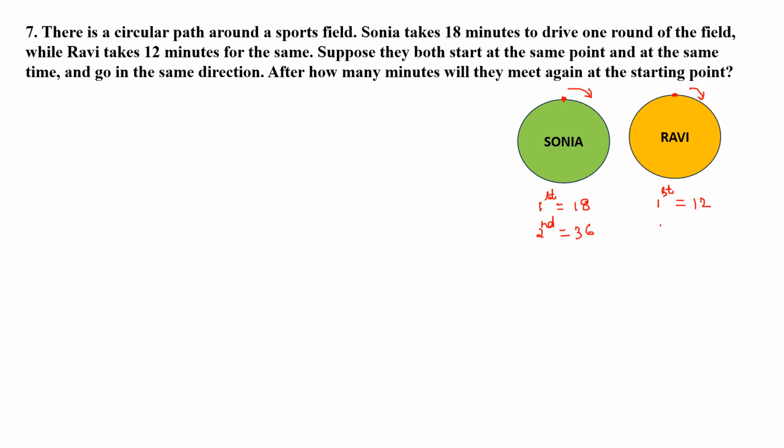And here also, it will be double of 12, which is 24. Now like this, if you proceed for the third round, Sonia will take 54 minutes and Ravi will take 36 minutes, isn't it? So if you can see here, the time which they will take to complete the rounds is a multiple, isn't it?